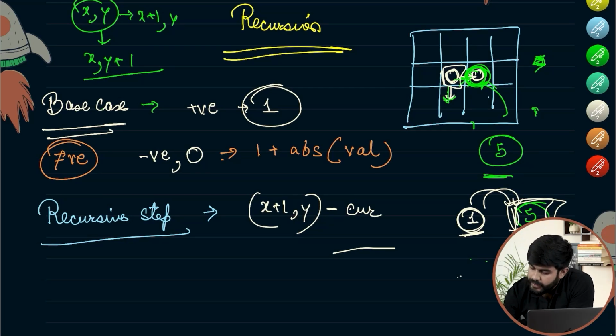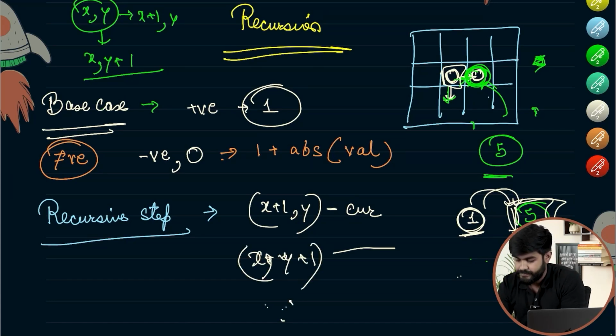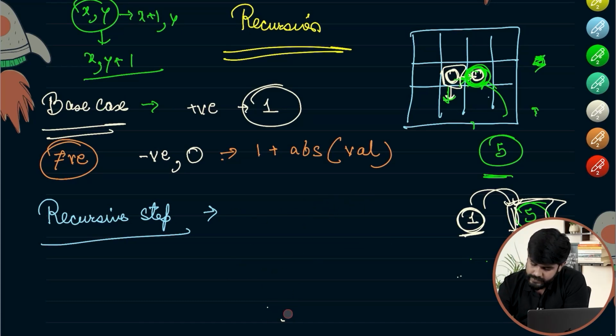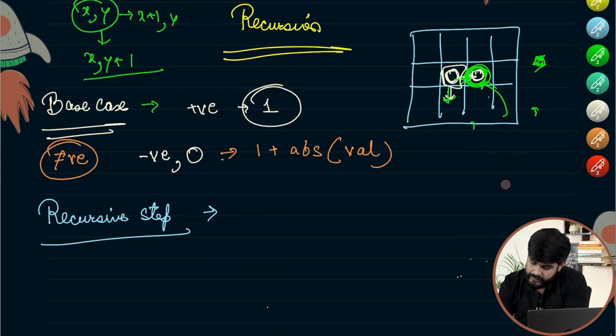Okay. Now whatever value is required, and same goes for this side also, x comma y plus 1. So now let's say I am standing at x and y.